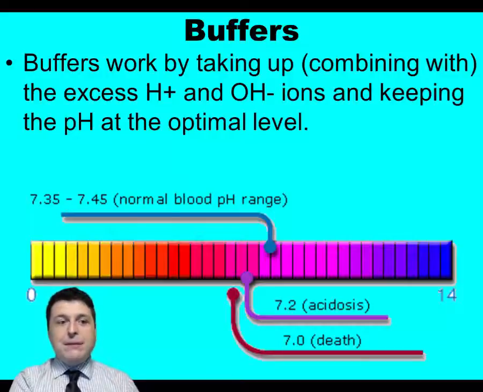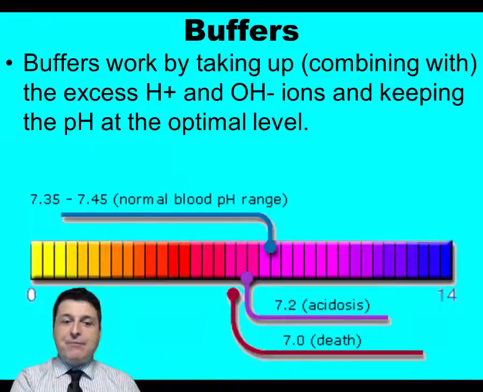For blood, the normal pH range is between 7.35 and 7.45. If we get down to 7.2, we're in a condition called acidosis. And if we get down to a pH of 7, it can result in death. So maintaining that balance is really important.